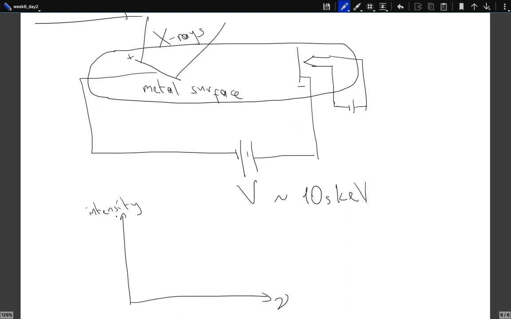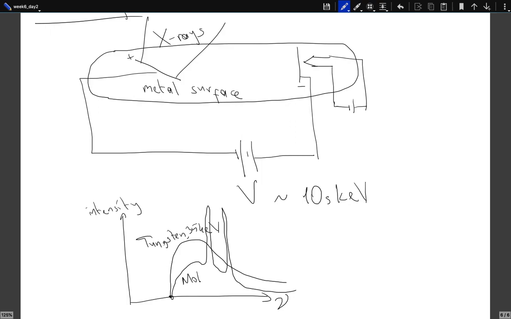And it turns out, let me just look at the graph. For different materials, you have such graphs. This is tungsten at 35 keV.